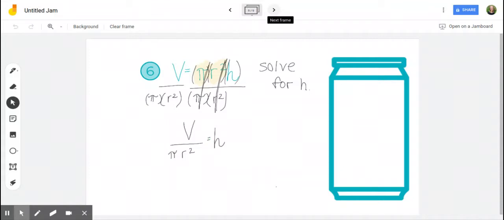So now I took that problem that the way we are given it is that we're solving for V, for volume. That's what was isolated. But depending on the information you're given or the information you know, now we know how to solve for H. We know how to solve for the height.